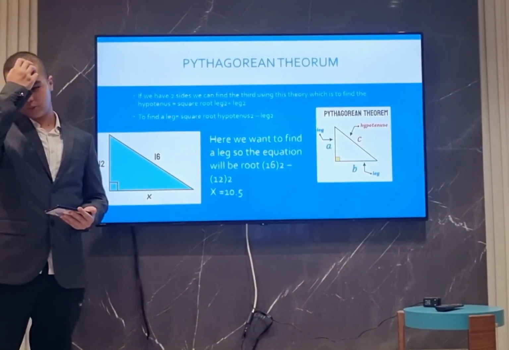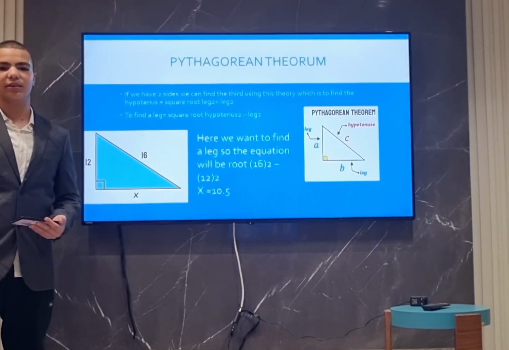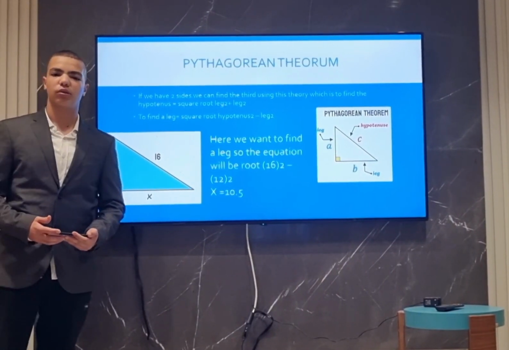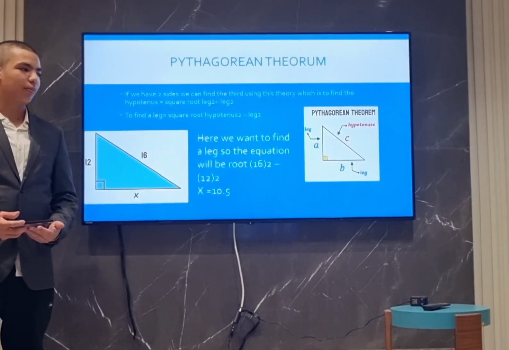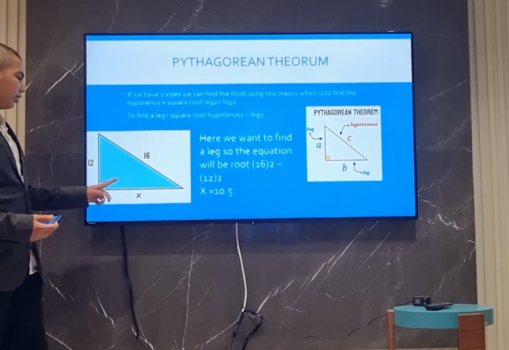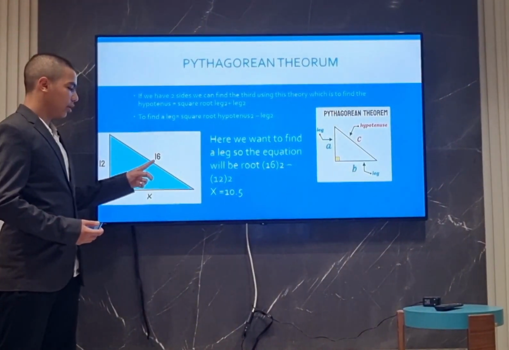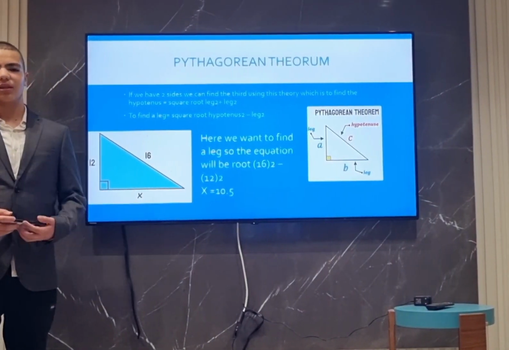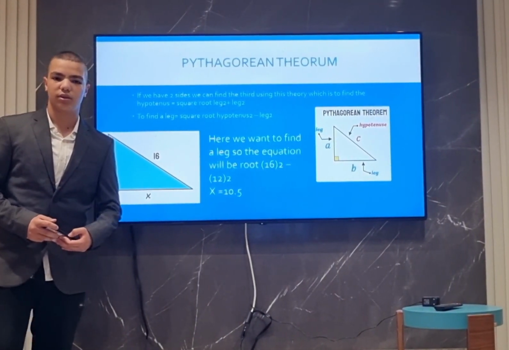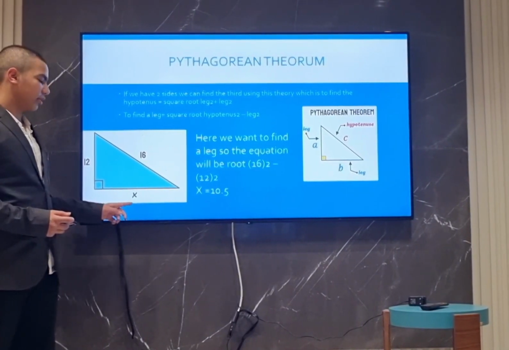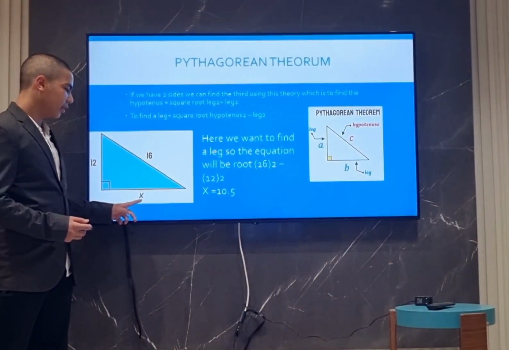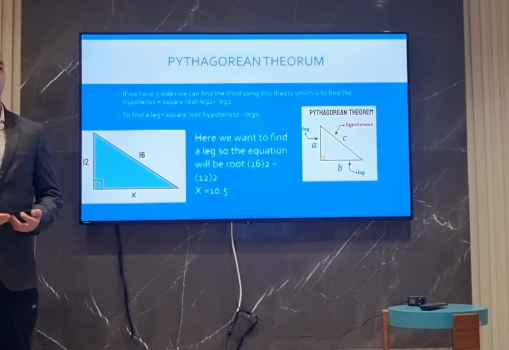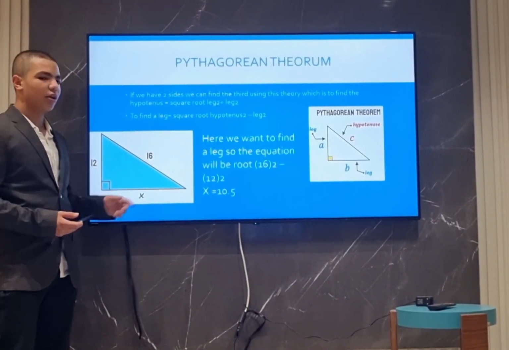Okay, if we are given two sides in a right triangle and we want to know the third, there's a theorem that we should use. It's called the Pythagorean theorem. The hypotenuse is the side in front of the right angle. If the hypotenuse is missing, we take the square root of the first leg power 2 plus the second leg power 2, and it will give us the hypotenuse.